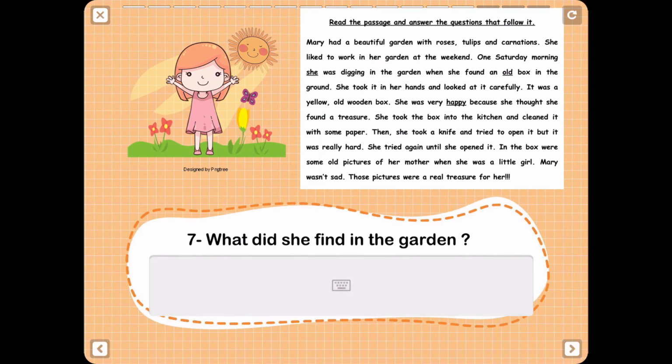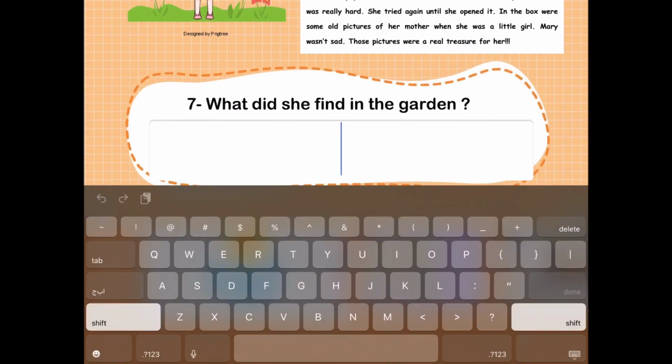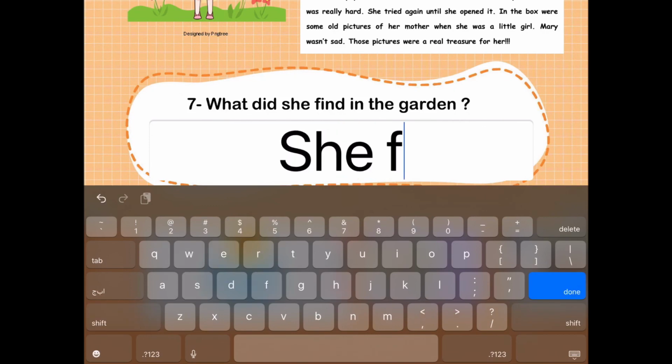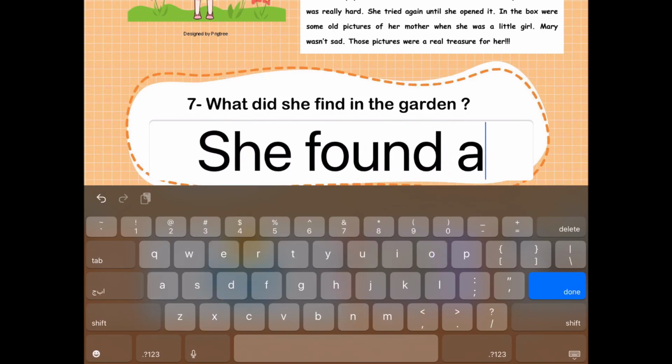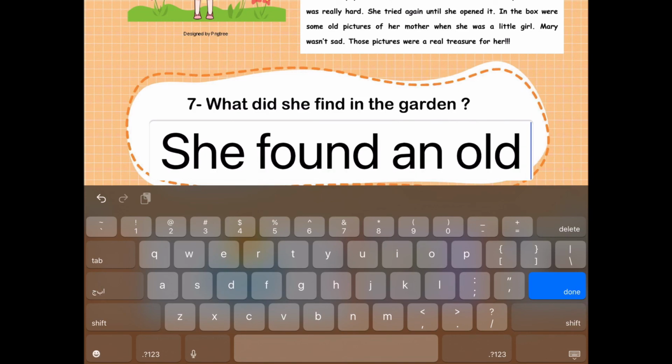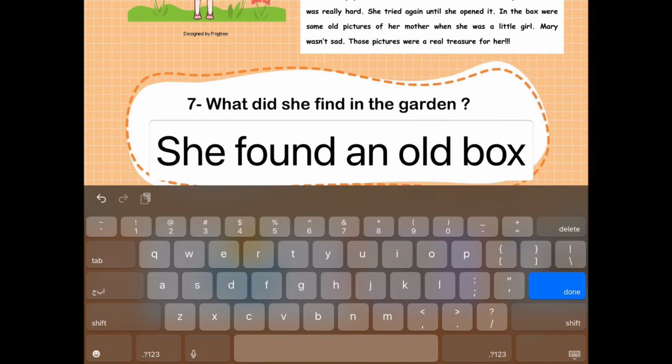Number 7. What did she find in the garden? Read the passage and find out what Mary found in her garden. She found an old box. Yes, very good. Don't forget to write the first letter as a capital letter, and at the end we put a full stop.